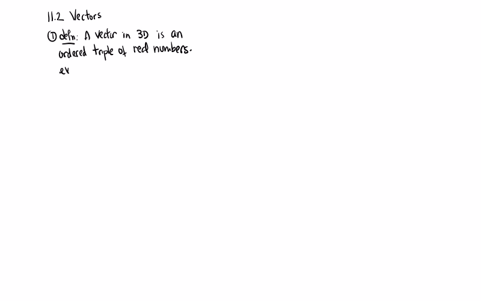For example, (1, 3, 6). Now, in 2D, it's an ordered pair. So, for example, (-5, 6).